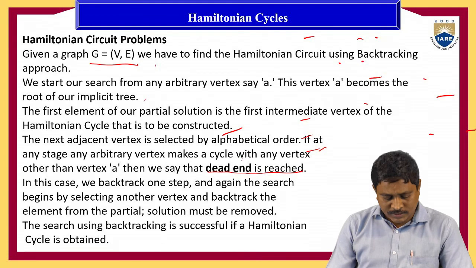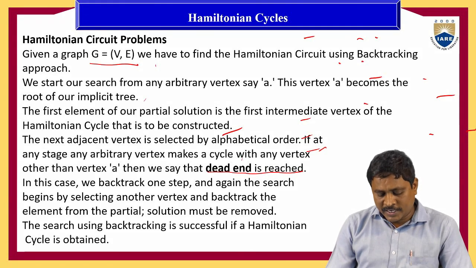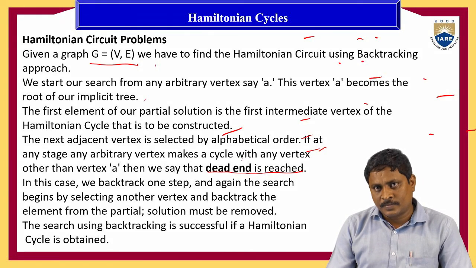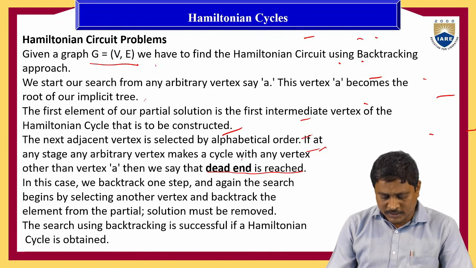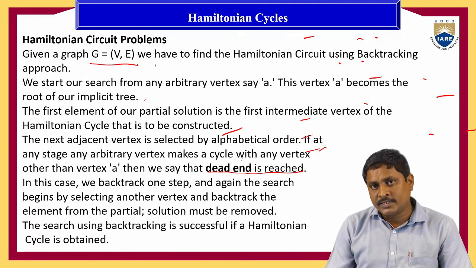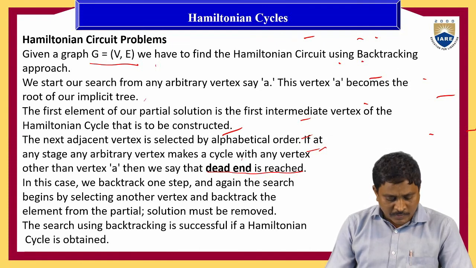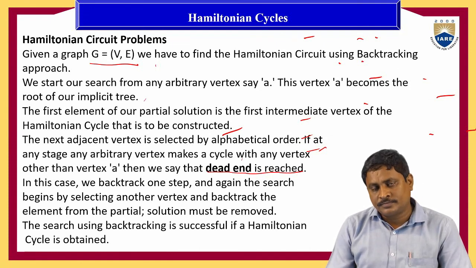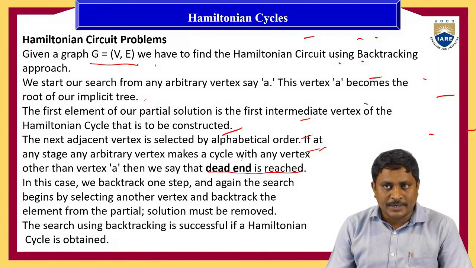In this case, we backtrack one step, and the search begins again by selecting another vertex, and the element must be removed from the partial solution. So the search using backtracking is successful if a Hamiltonian cycle is found.